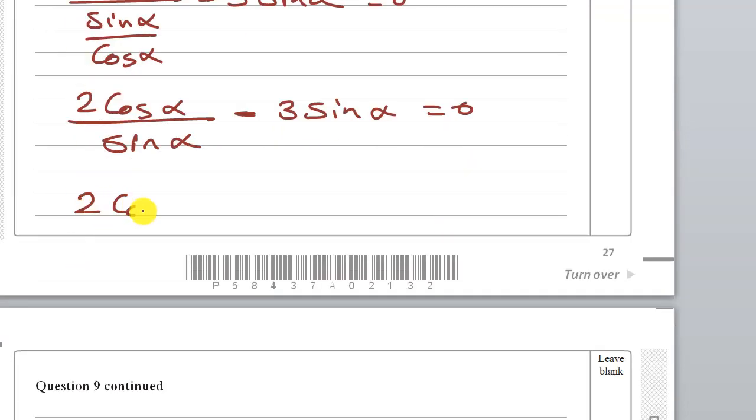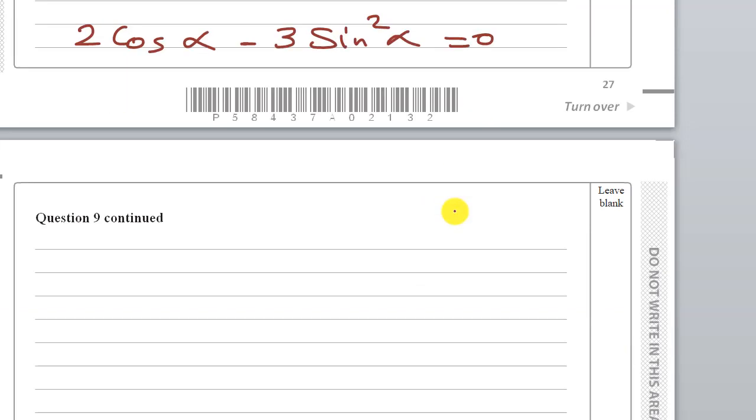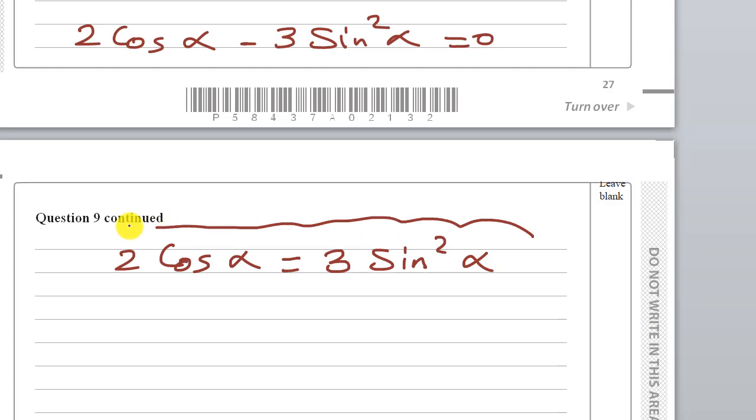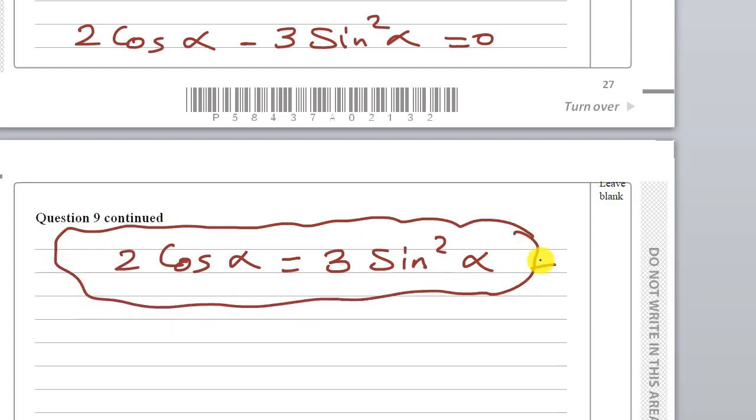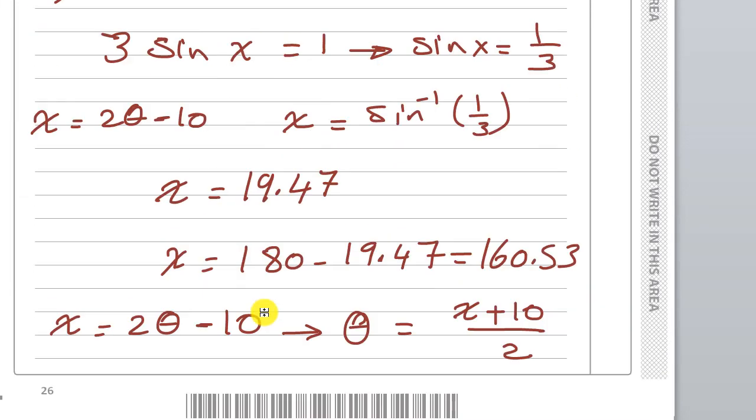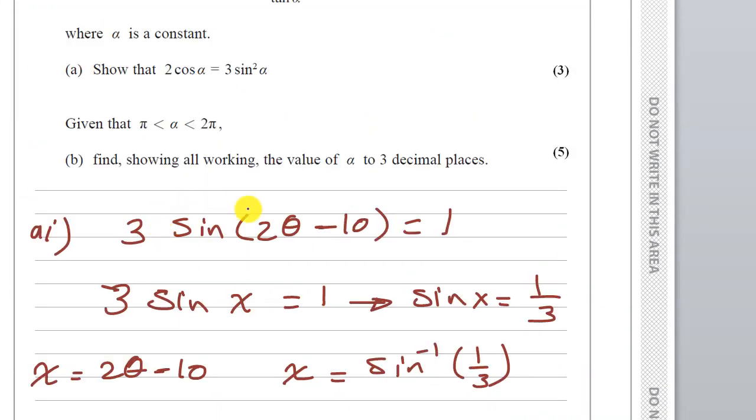So 2 cosine alpha minus 3 sine squared alpha equal to 0. So from this equation, 2 cosine alpha is equal to 3 sine squared alpha, and this is the equation he asked about. 2 cosine alpha is equal to 3 sine squared alpha.